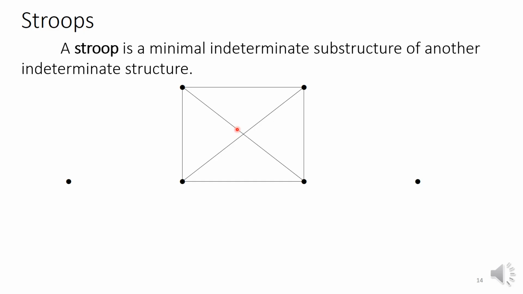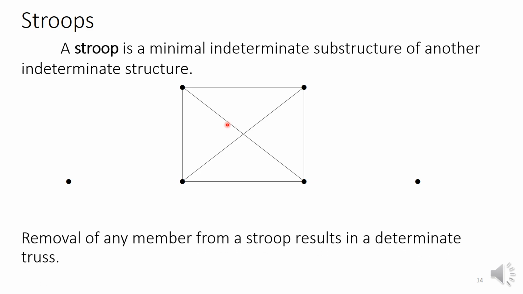So this is what we consider to be a minimal indeterminate structure. It's the smallest we can go without losing the property of indeterminacy. So removal of any member from a Stroop results in a determinate truss.